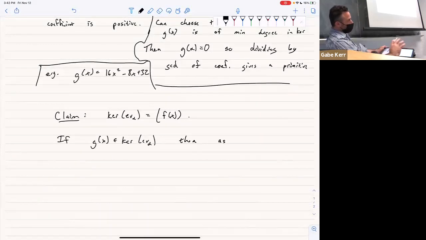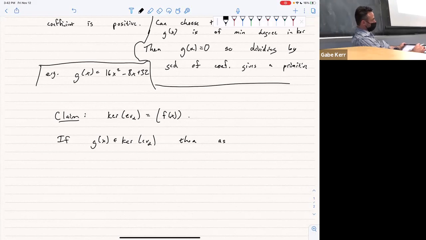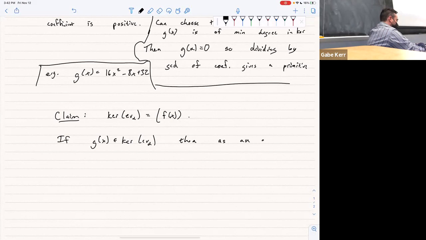It deals with the interplay between polynomials with rational coefficients and polynomials with integer coefficients. So let's say we have a g of x here, and we can consider g of x as a polynomial in Q[x].